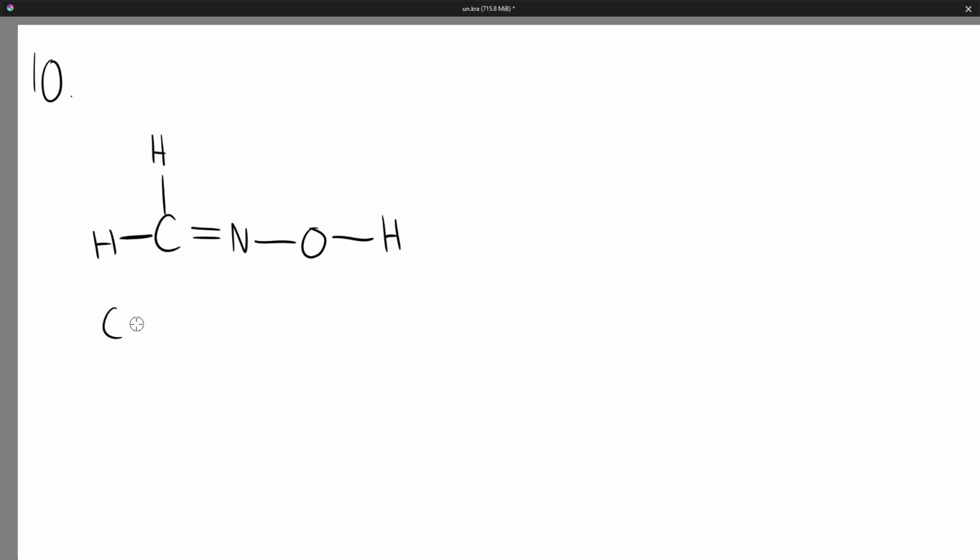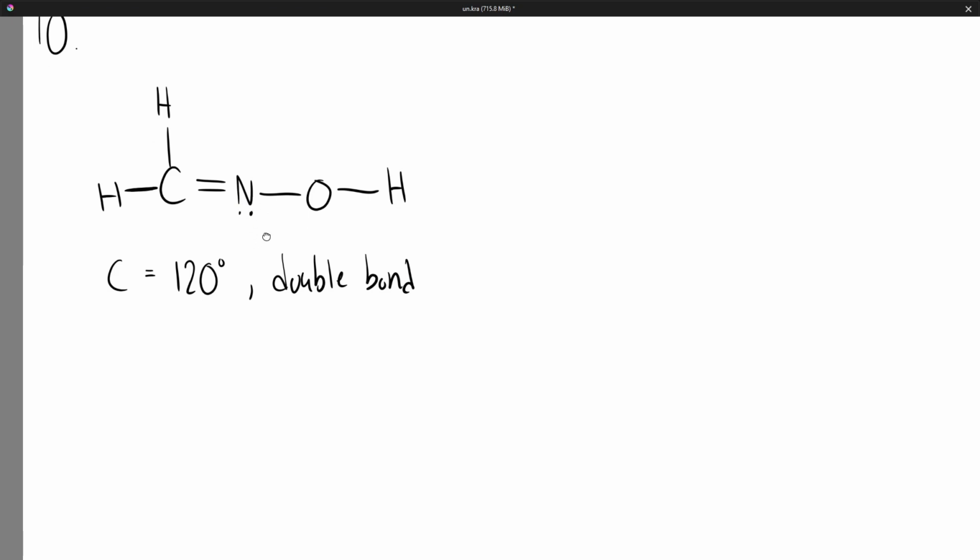So for this carbon atom, the shape is going to be trigonal planar, which means the ideal bond angles are going to be 120 degrees. But you should see deviations at the double bond. Double bond right there. And for this nitrogen atom, it's good like this for the double bond.